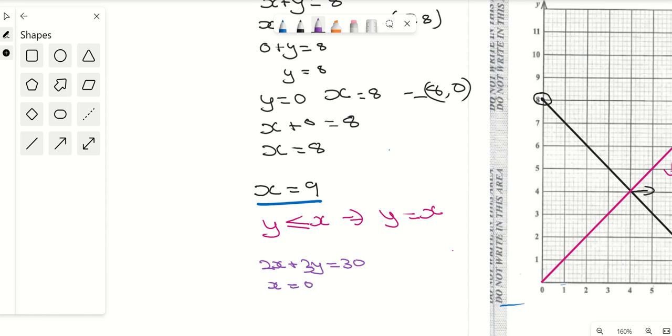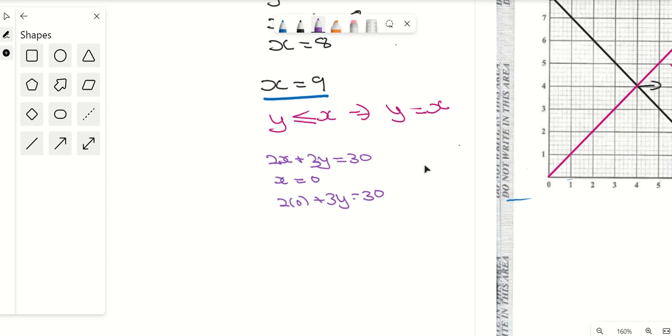So it's 2 multiplied by 0 plus 3y is equal to 30. If I make y the subject, because 2 by 0 is 0, y is equal to 30 divided by 3. So y is equal to 10. Therefore, when x is 0, y is equal to 10.